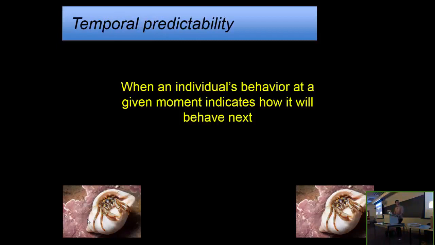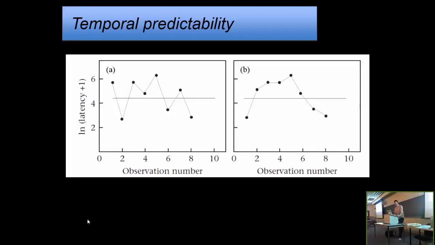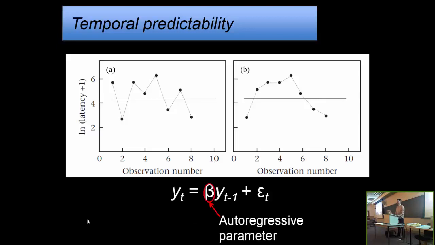So we define that as when an individual's behavior at a given moment indicates how it'll behave next. When looking at two individuals that may have this pattern of behaviors over a sequence of observations, we can assess that using autoregressive models, where the autoregressive parameter will show whether there's a positive relationship between behavior in a given moment and behavior in the next moment.